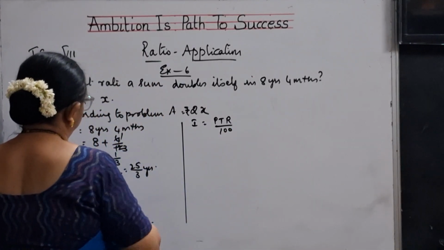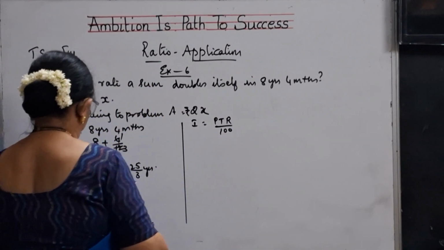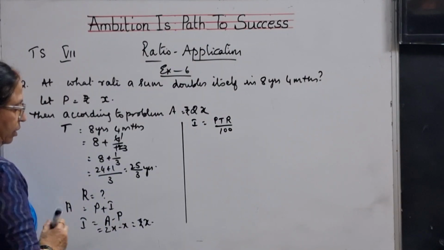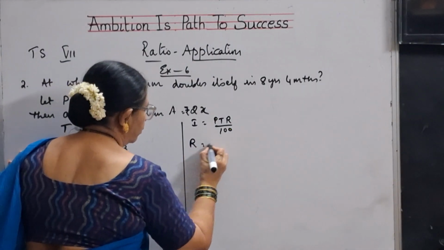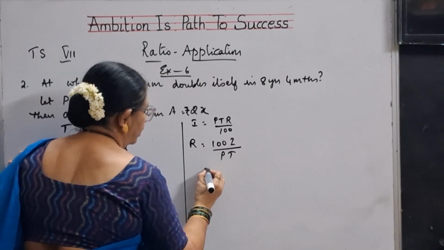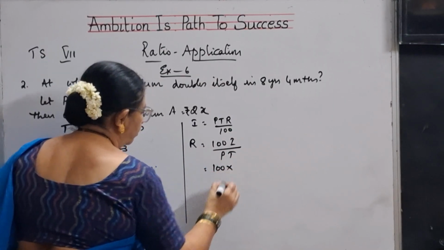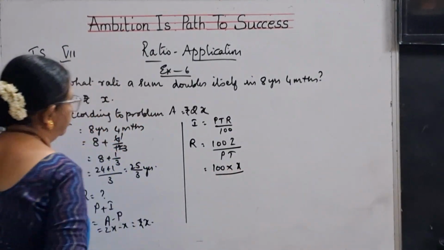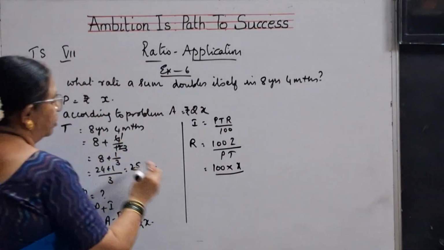Now what do you want, children? The question is rate. Here, what is rate they are asking? So R is equal to 100I by PT. That is 100 into what is I? X, by principal. What is P we have taken?